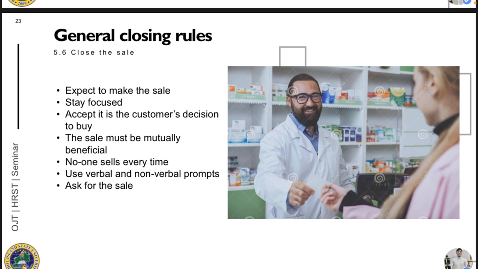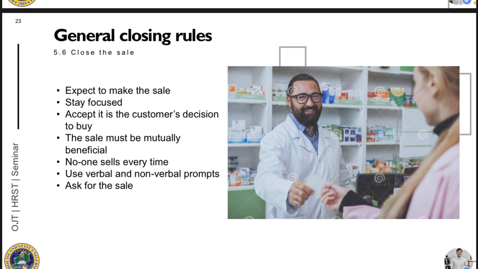Though we are very intelligent, very expert, very skillful in this particular area, sometimes we cannot make a sale, or no one will purchase the products and services that we promote. Sometimes it will happen, and we need to accept that that is a fact, and that is the reality of life.